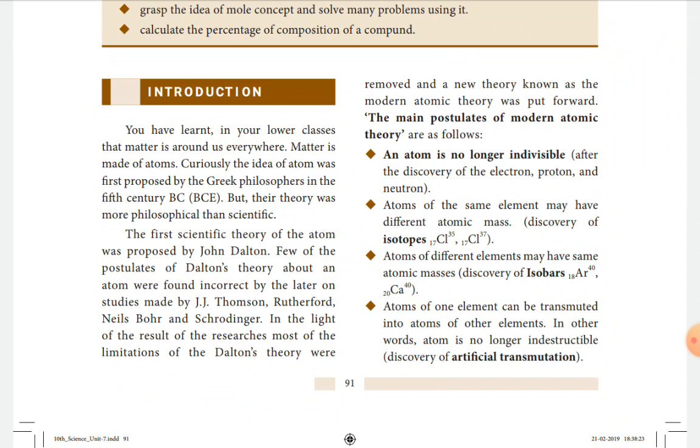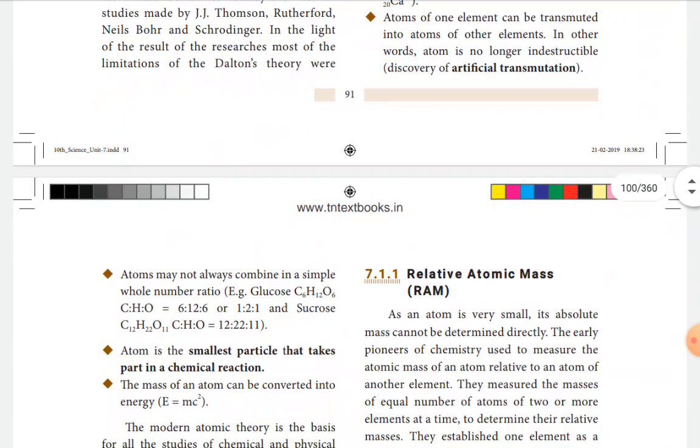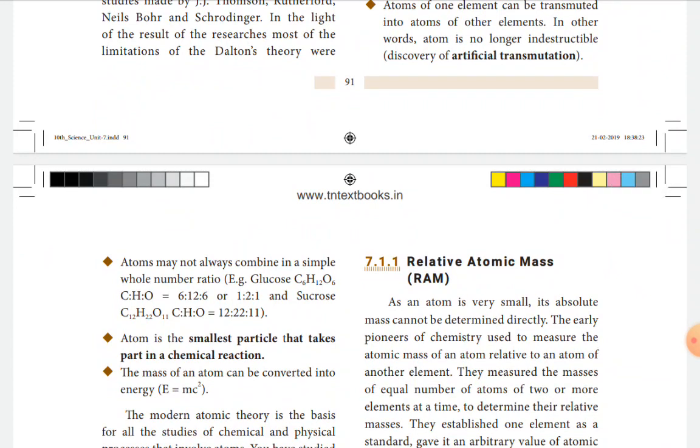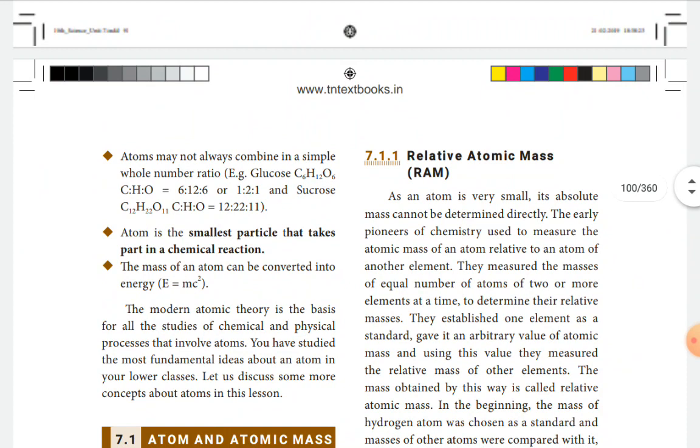Atoms of different elements may have the same atomic mass. Also artificial transmutation, and atoms may not always combine in simple whole number ratio. Atom is the smallest particle that takes part in a chemical reaction. Mass of an atom can be converted into energy. So all of this is pointed out with examples.